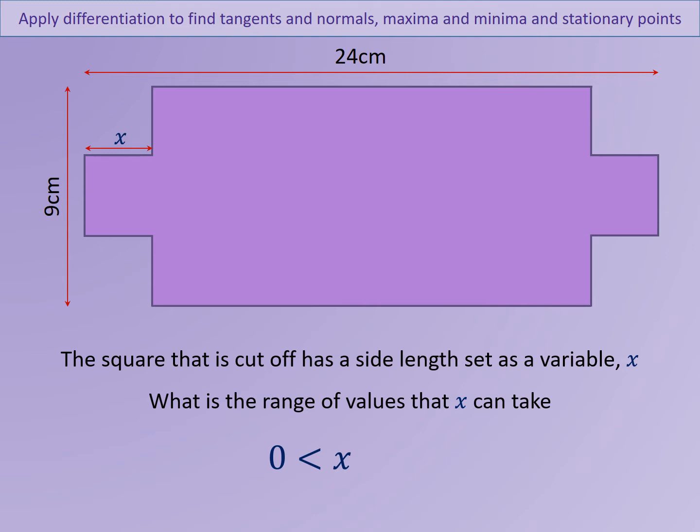So if I half that value, because we're taking a square from both the top and the bottom, then the maximum value that x could be is 4.5. Any more than 4.5, my value of x, and it's going to be bigger than the 9 centimeters that is the original width. So my value of x has to be between 0 and 4.5, and I'm going to rest that there for a moment, and we will need to come back to that in just a bit.